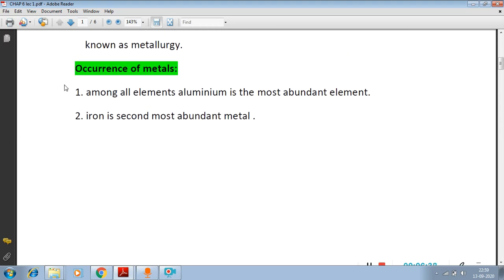Now, in our environment, in earth, air, etc., there are metals in different proportions. Some metals are more abundant and some metals are less abundant. So among all metals, aluminium is the most abundant, and iron is the second most abundant.